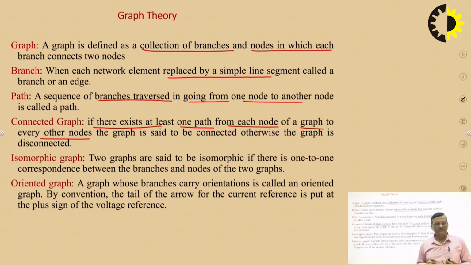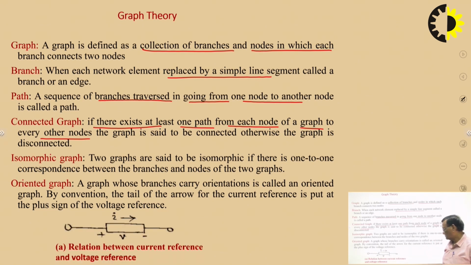So a network is given. In the network there are active sources and passive elements. Passive elements are replaced by line segments, and among the active sources there may be a voltage source or a current source. The voltage source has a polarity, so that branch has some orientation. The current source has a direction, so that branch has some orientation. Depending upon the direction of the current or voltage, we orient the branch. Generally we follow this convention.